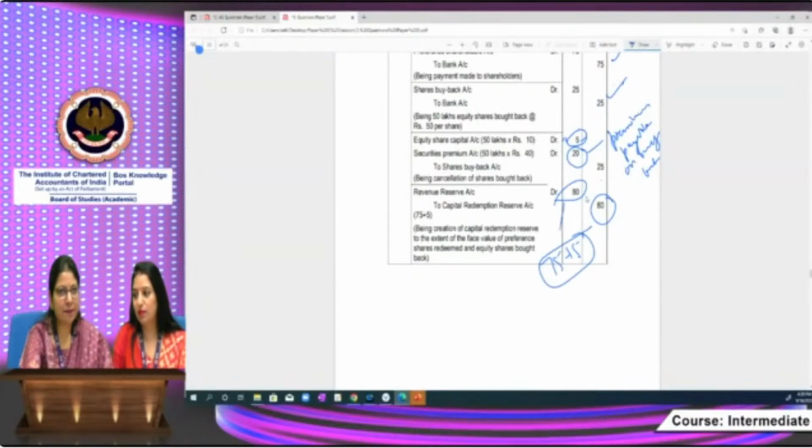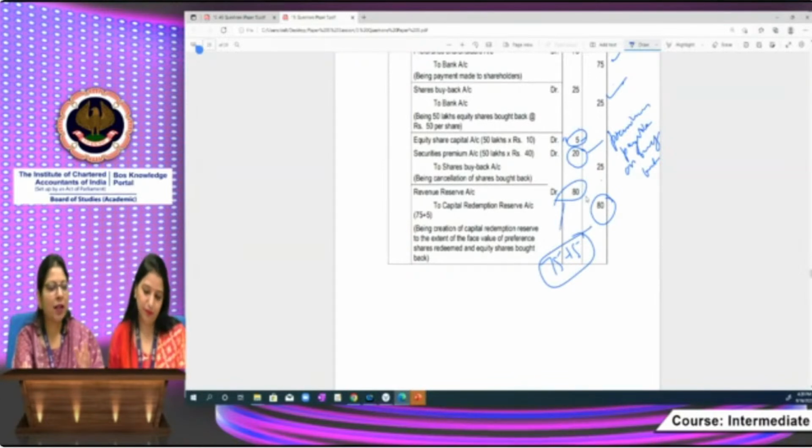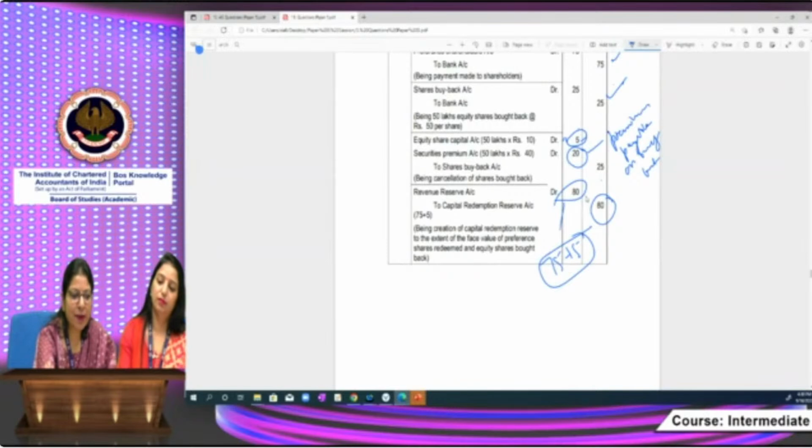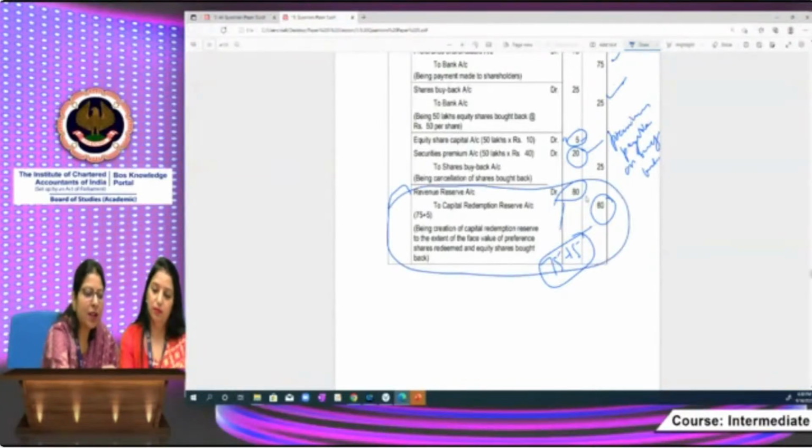Now this is a very simple question. Maybe for 8 marks or 10 marks the question may be asked. Now the problem is where the students make mistakes in this particular type of question. You can visualize the situation and see where the students will make the mistakes. They generally do not pass the entry for this, or if they pass the entry, they pass it with the wrong amount.